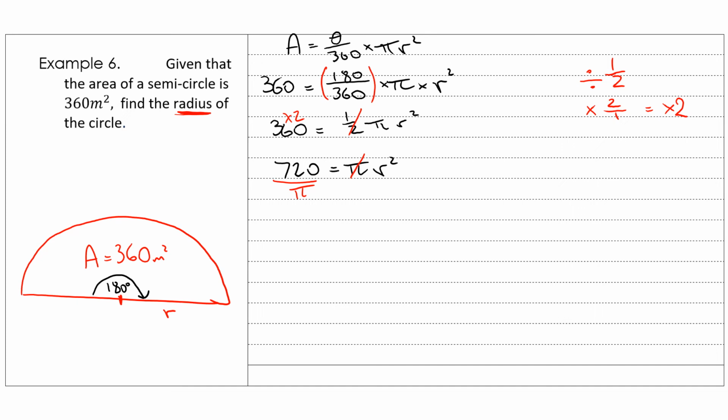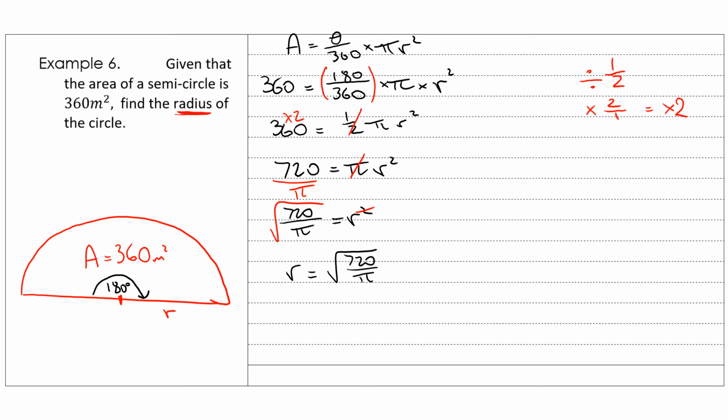Now, we're not going to put that in the calculator yet, because then we will be rounding and getting a decimal answer. So we're going to leave that as 720 over pi equals radius squared. And last step is we're going to take the square root to cancel out our squared, and we get r equals the square root of 720 over pi.